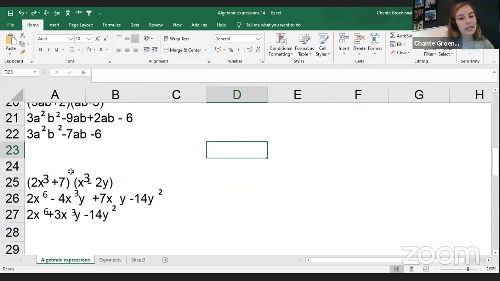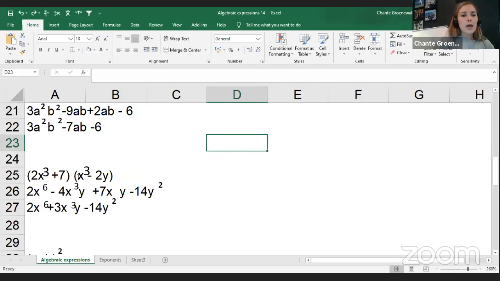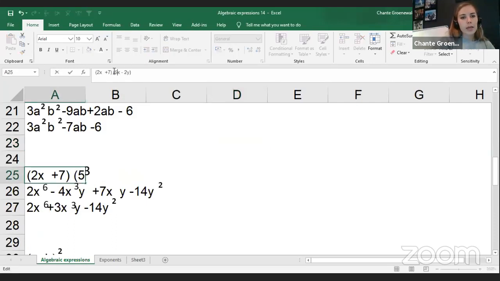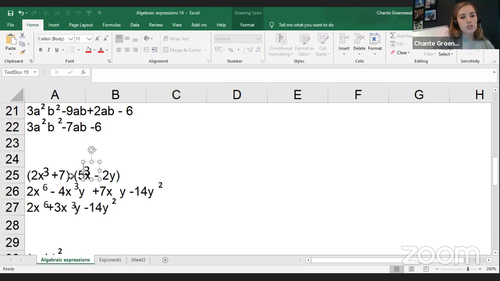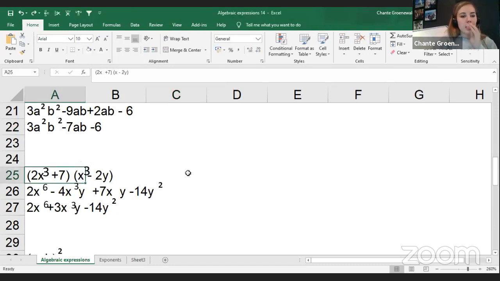I know you say this is easy, but whenever I put something in front like a 5 here, it's very easy to assume you're going to get it right. But I get so many children that only put a 7 there and not a 10. So I need you to know the law of exponents, and we're going to go through that now as well.